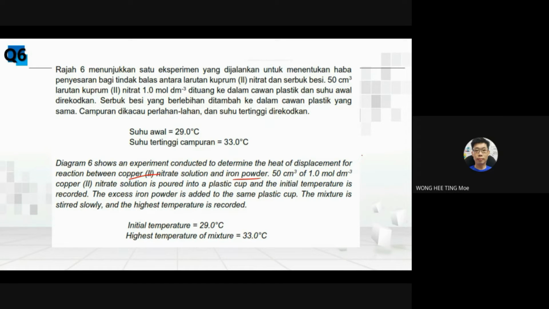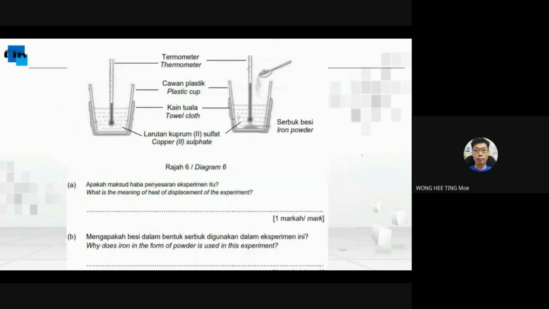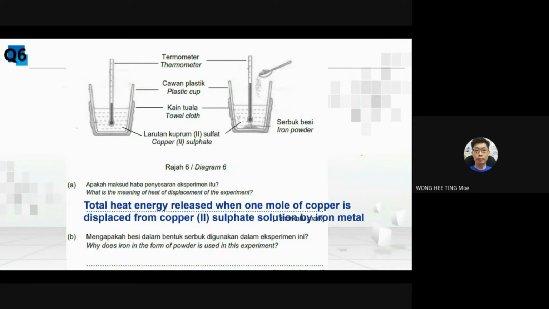What is the meaning of heat of displacement for this experiment? It is the total energy released when 1 mole of copper is displaced from copper 2 sulfate solution by iron.